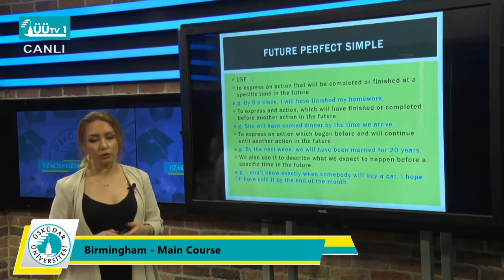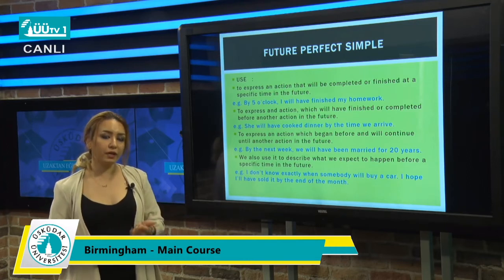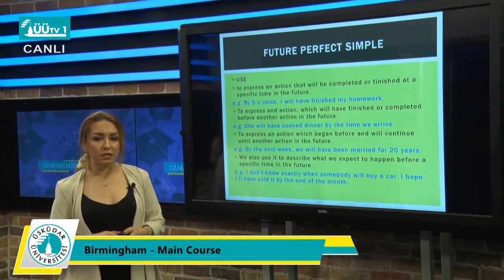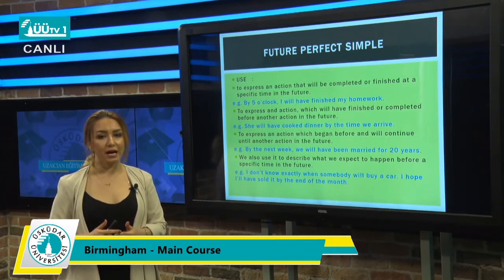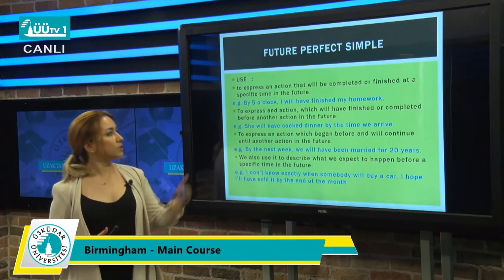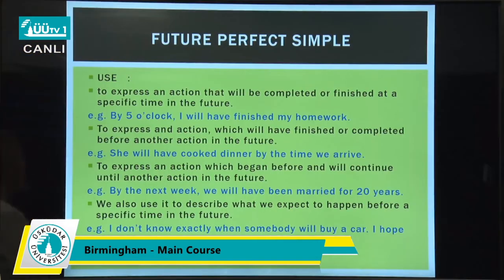We use verb 3 for that, for perfect tenses. But it depends. If it is for past perfect, it is had verb 3. If it is present perfect, have or has verb 3. But about future, I'm sure you know it. Will have verb 3. As you see in the first example, by 5 o'clock, I will have finished my homework.